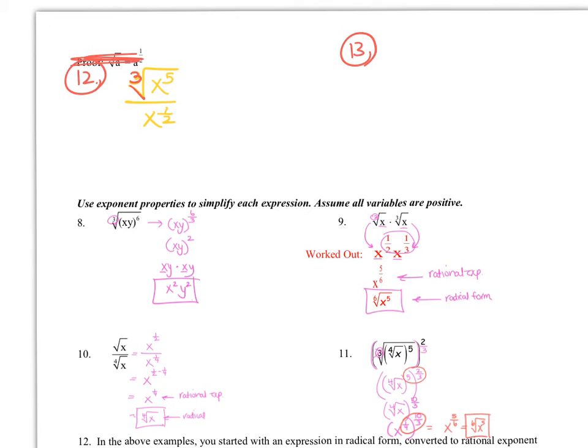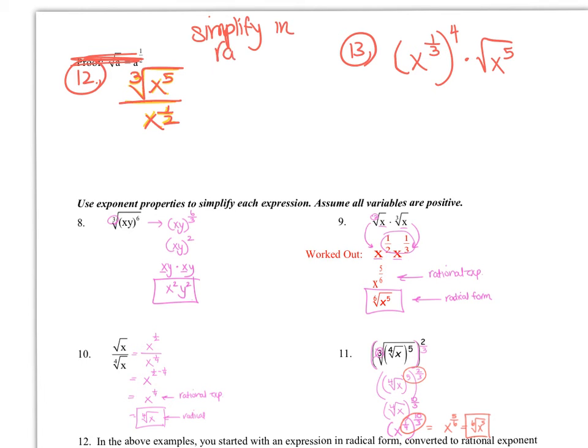And let me go over it in red. I didn't realize it was yellow. And 13, we have x to the 1/3 to the 4th power times the square root of x to the 5th. And why don't we leave all of our answers in rational exponent form, okay? So it'll say simplify in rational exponent form, since the other ones we did with radicals, okay?